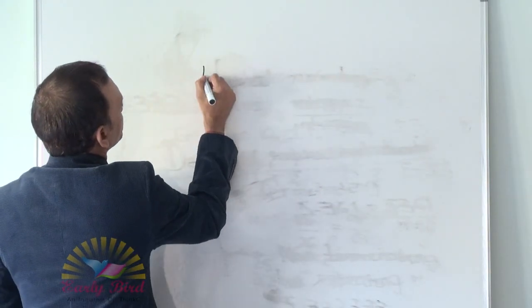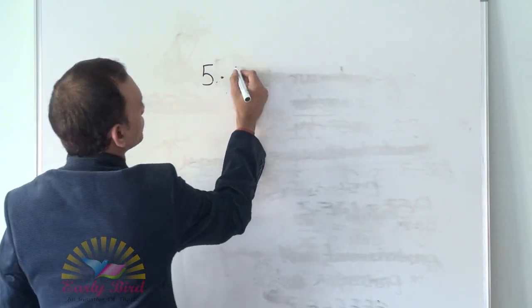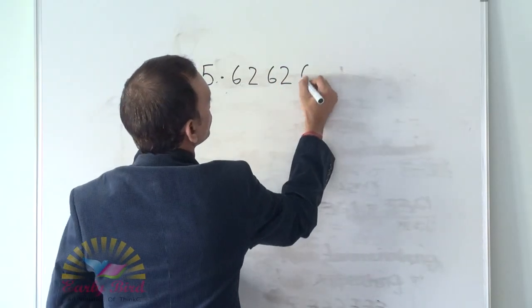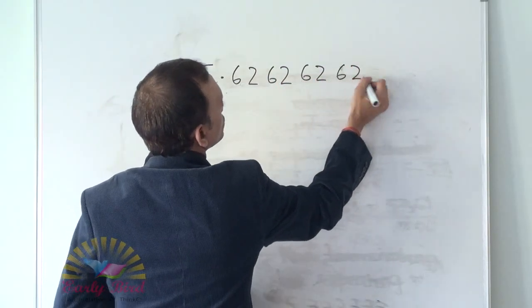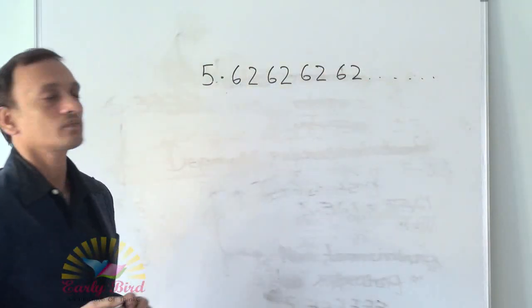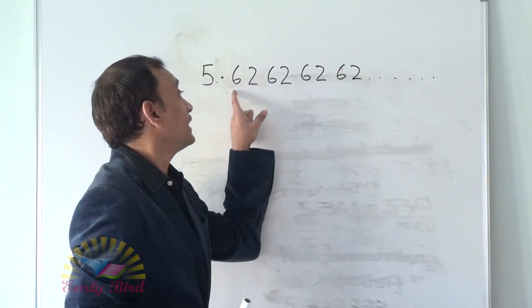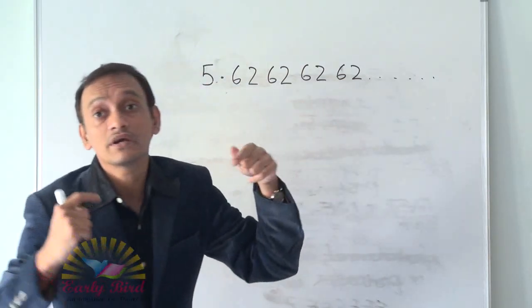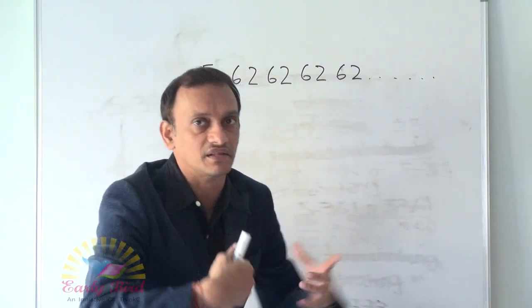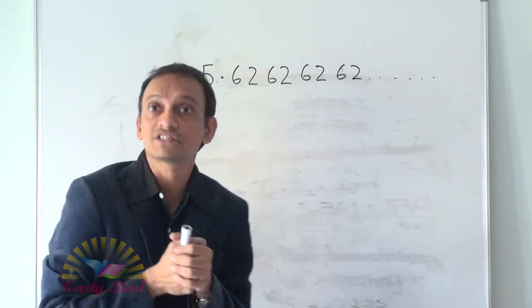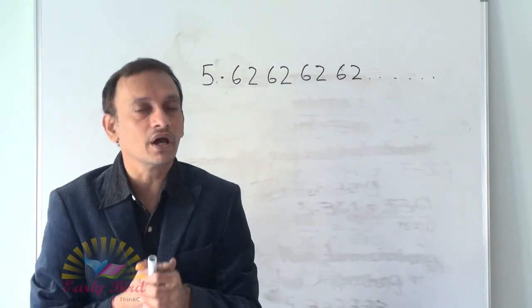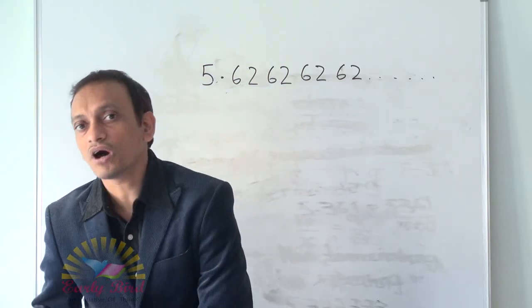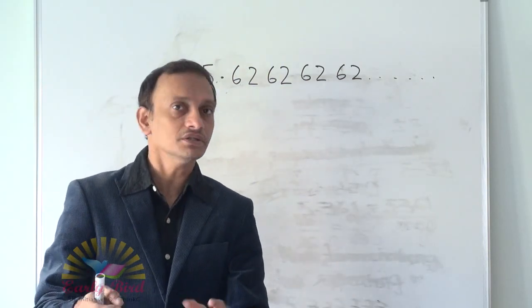Say if I had 5.62626262, etc. Now this is not terminating. This is going on forever. The 62 is repeating itself. How do I know if it's a rational number or not? The moment I can write it in the form p by q, where p and q are integers, q is not 0, then I can conclude that it's a rational number.